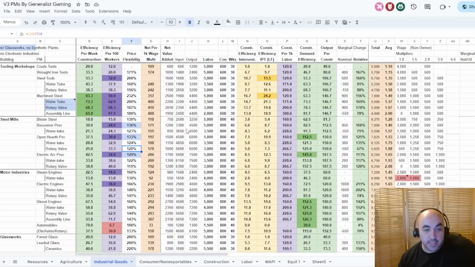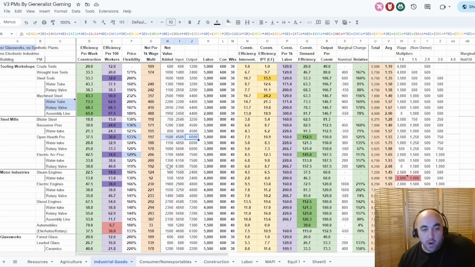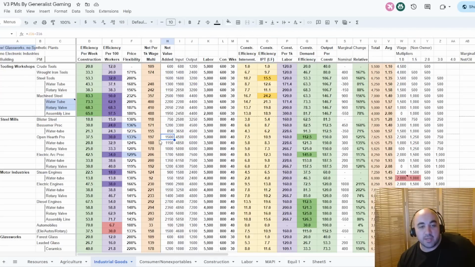If we take a look at, let's say, this steel, where we have the value added of 1,500, the input of 4,500 and the output of 6K. If we decreased the price of steel by negative 25%, the net value added would actually just be straight up zero, and the building wouldn't even be able to employ up at all.